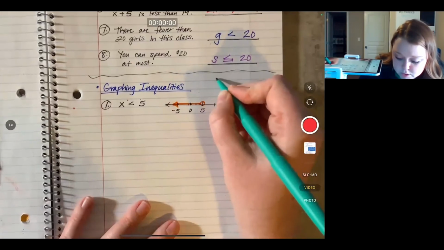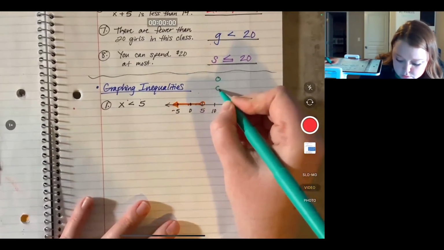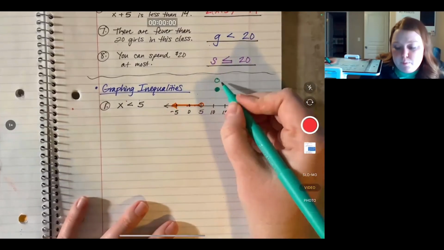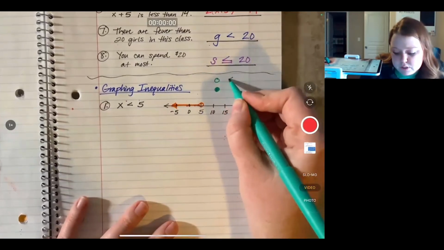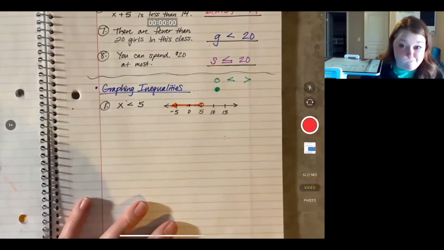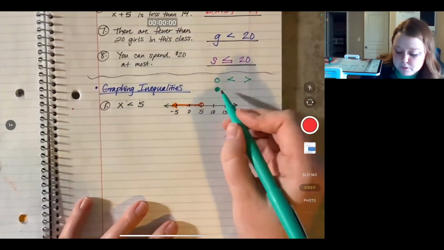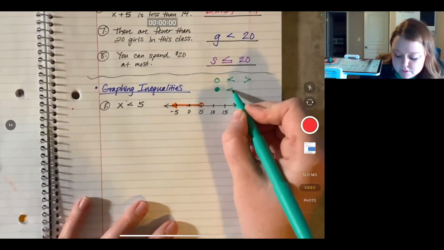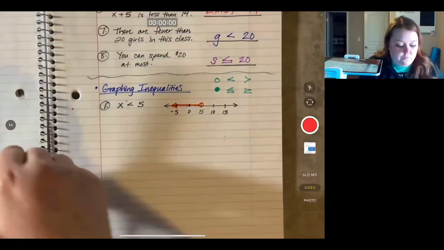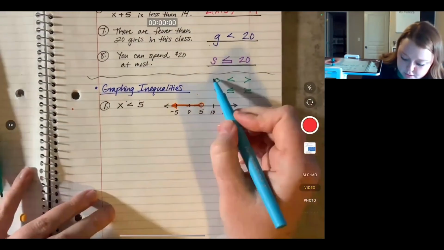An open circle versus a closed circle. You would use an open circle if something is strictly less or strictly greater. You would use a closed circle if it was less than or equal or greater than or equal. Okay? And I'll try to make some sense of that here in a bit.